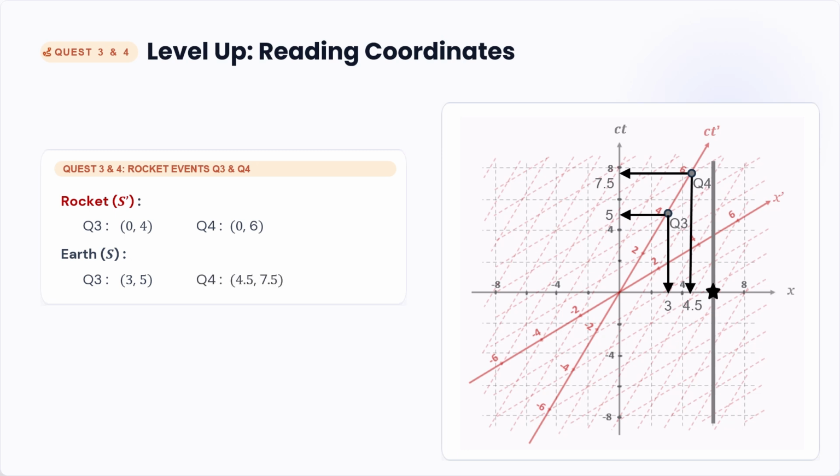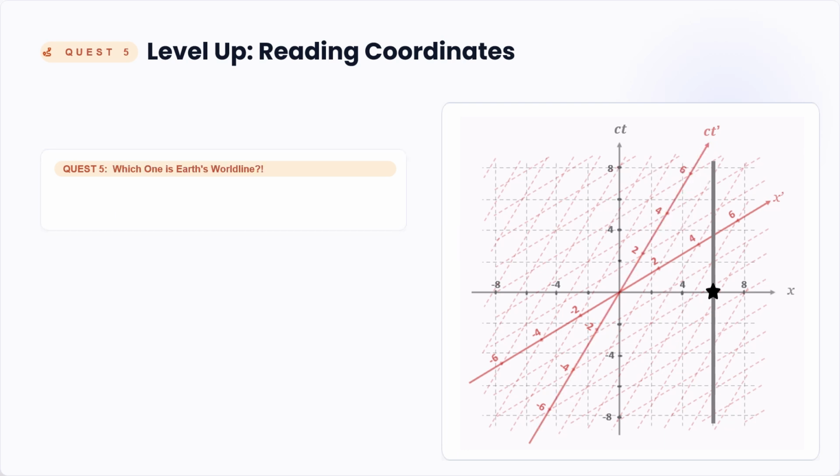Every point along this red time axis has x prime equals 0. So, that's right. This red time axis, the ct prime axis itself, is the world line of the rocket traveling through space. Isn't it mind-blowing that the axis itself is the actual trajectory, the world line, of the object?